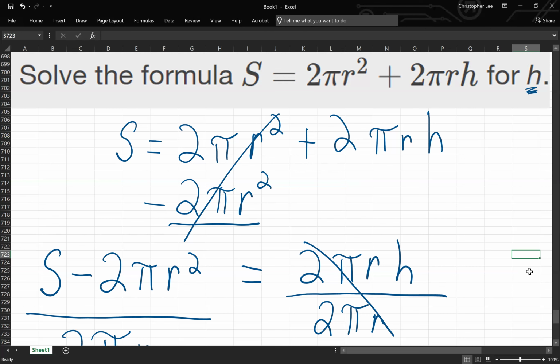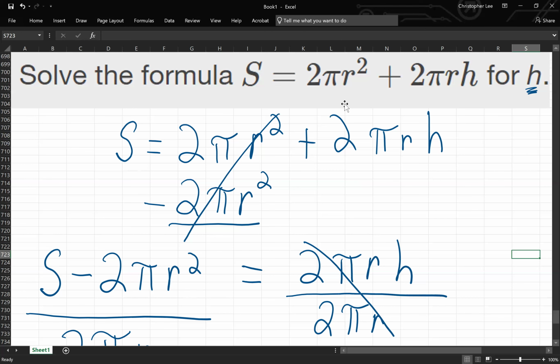So that empowers me to subtract this whole first term right here, 2 pi r squared, and then just follow the rules. What I do to one side of the equation, I have to do to the other side. That left me with the 2 pi r h. Everything that's not h, for me, is a constant, like a number. So I just divided by 2 pi r over there.